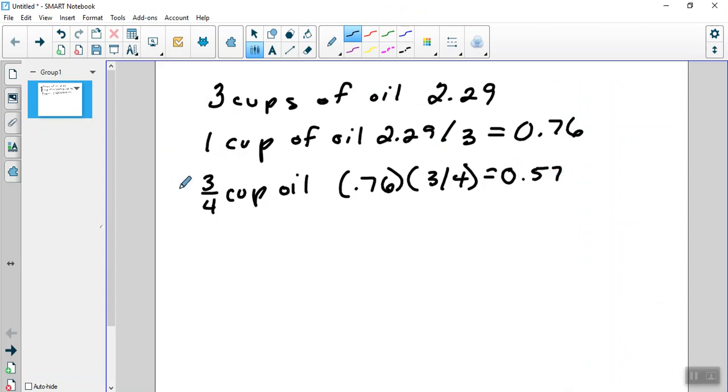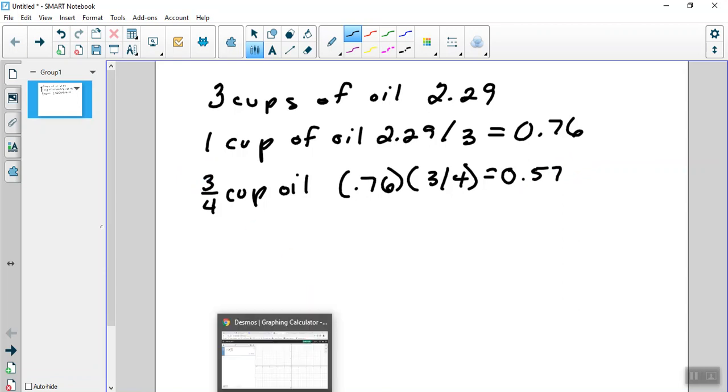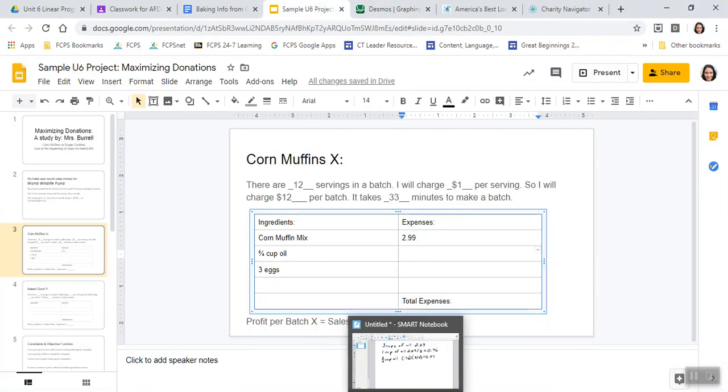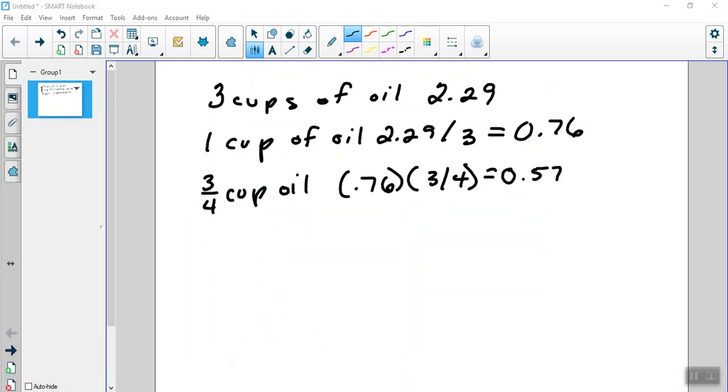And that's the price for 3/4 cup of oil. So let's put that down right now. I already forgot. 57 cents.